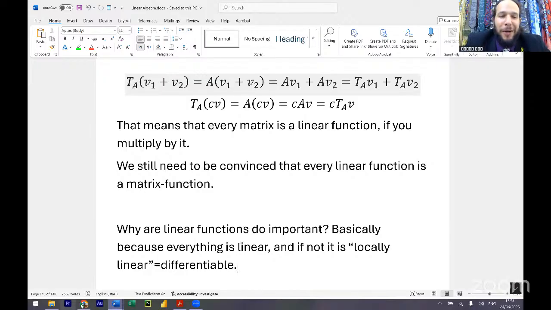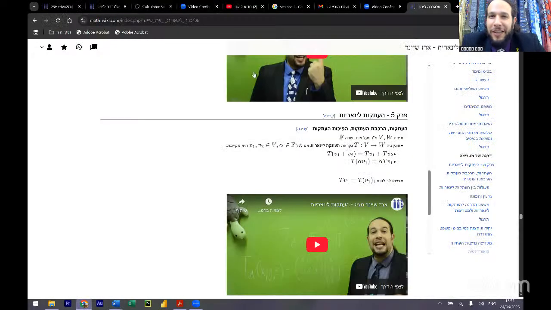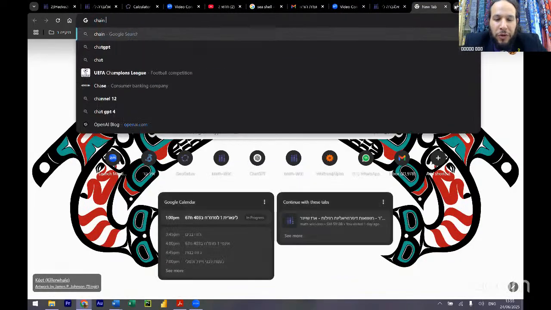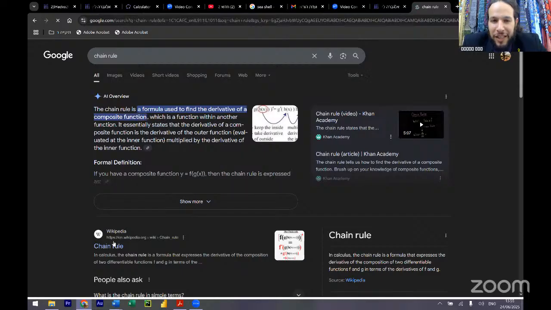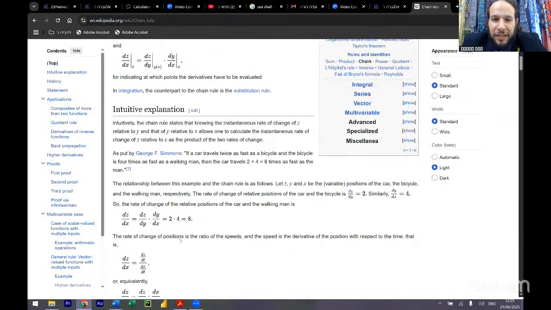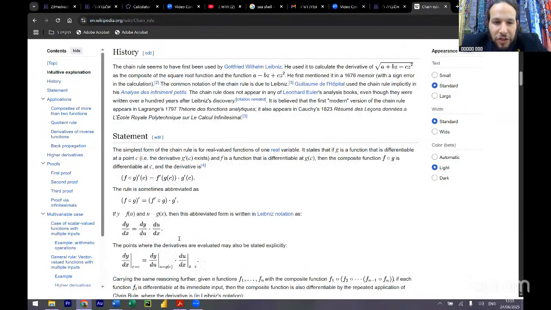I might be able to show you in Wikipedia, chain rule. I find it very interesting because being differentiable is being linear.